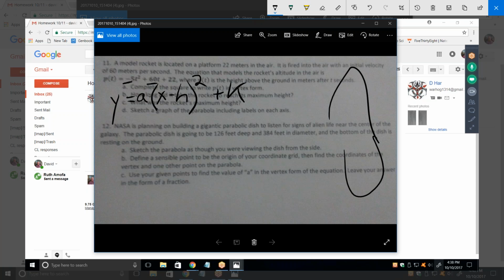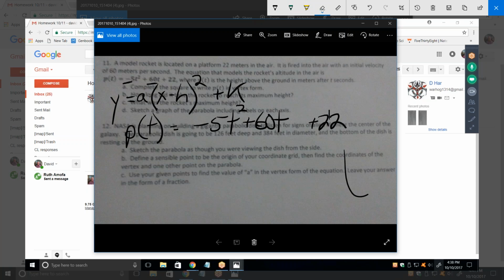Okay? Now, what we have is p of t equals minus 5t squared plus 60t, and I'm going to set this 22 a little bit off to the right. And what's the next step to completing the square?